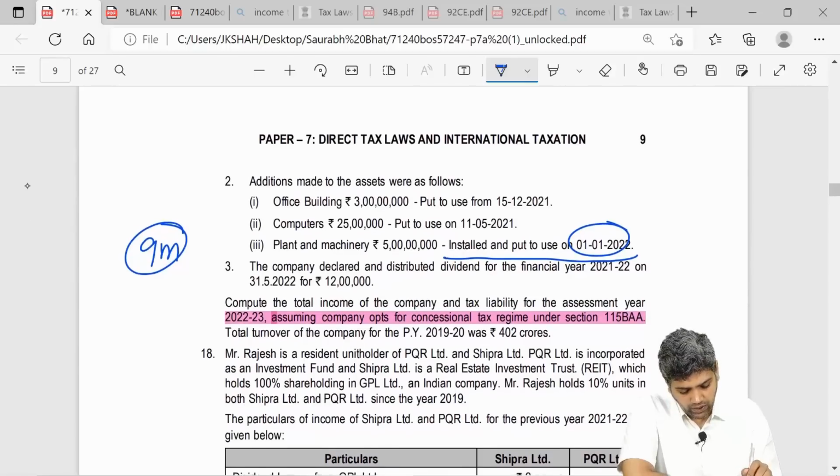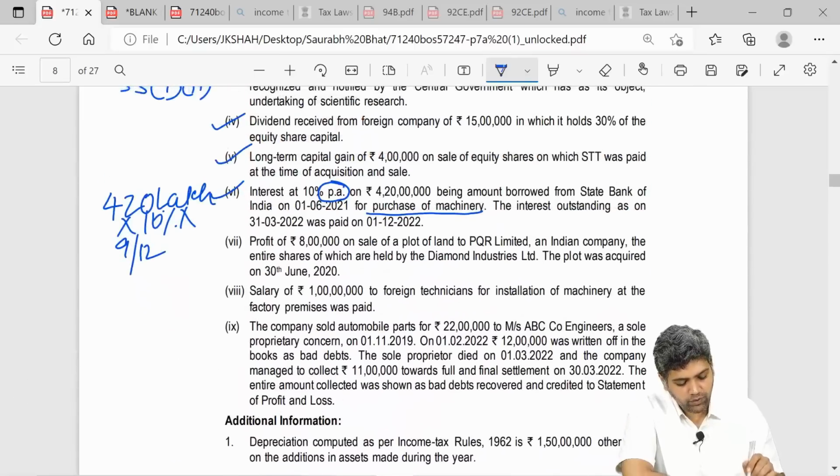So 4 crore 20 lakhs multiplied by this 10% is 42 lakhs, multiplied by 9 divided by 12, so that comes to 31,50,000, that would be disallowed.